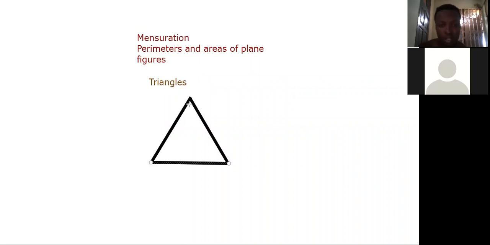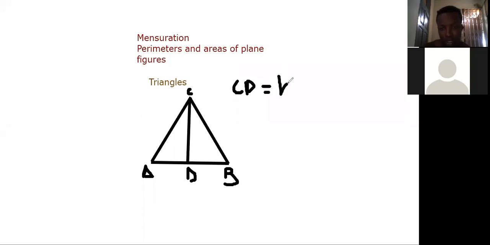Let's say this is A, B, and C. Let's call here maybe D. And we know that CD is the height of the triangle. This is one side of the triangle, and this is another side of the triangle.